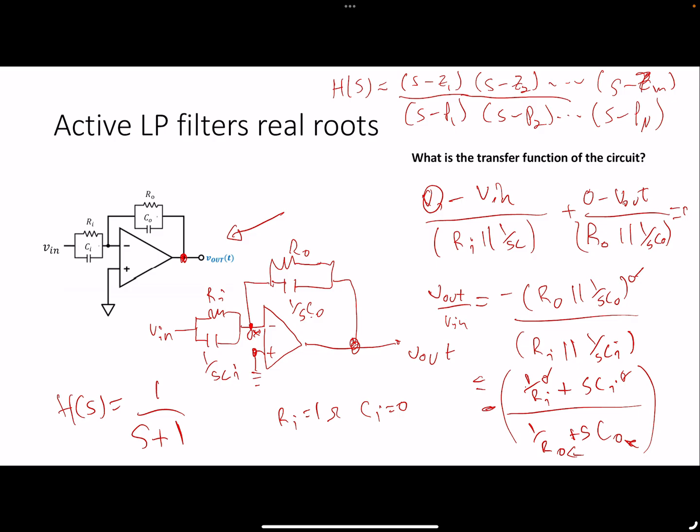And then to get the 1, you just choose Ro equal to 1 and the capacitance equal to 1. And there you go. Now you have a filter with this H of s. That's what we call an active filter, effectively.